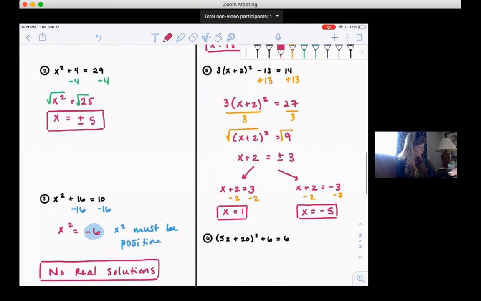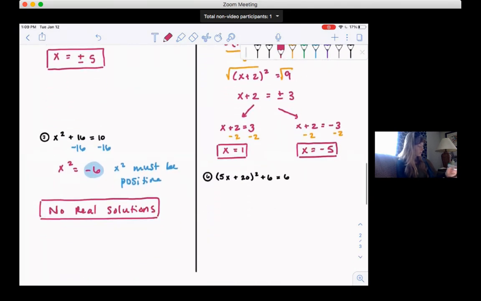Okay, last one. So we're going to start by isolating whatever is squared. That looks kind of complicated, but we're going to deal with it later. We're just going to isolate it first, so we need to get rid of the 6. So we're going to do that by subtracting 6 from both sides. So that leaves 5x plus 20 all squared.